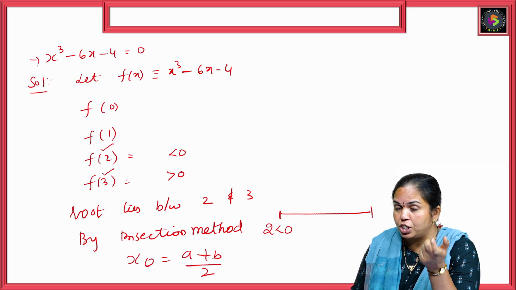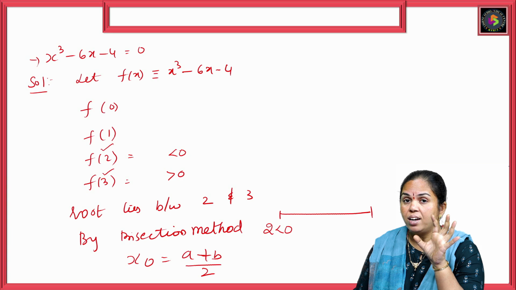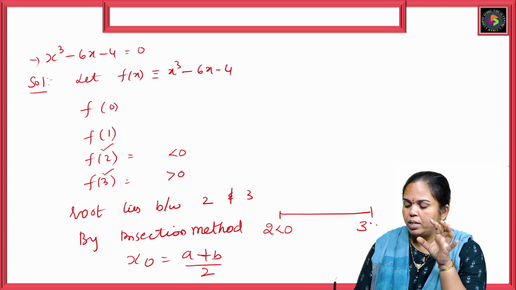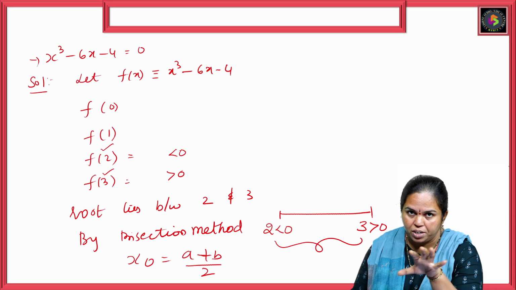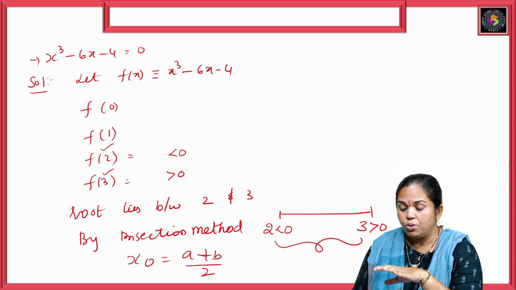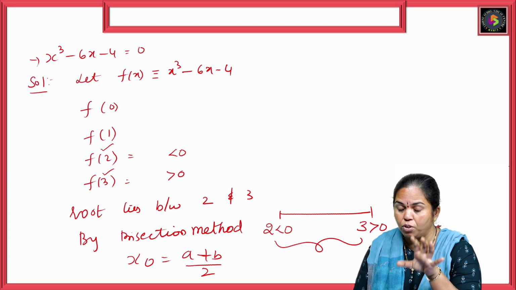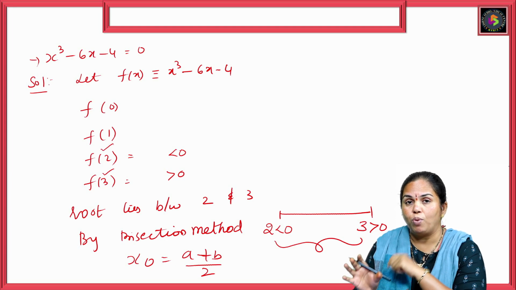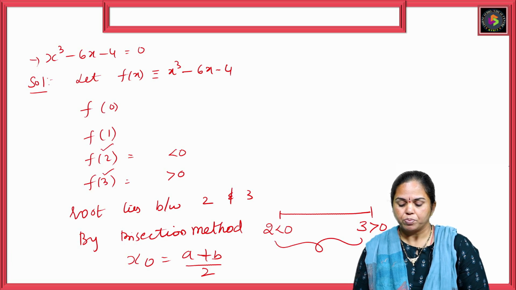We are checking the functional value for whether it is positive or negative, but we consider only the x value. Now my root lies between these two values only.